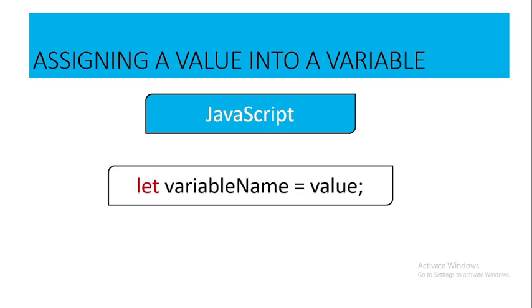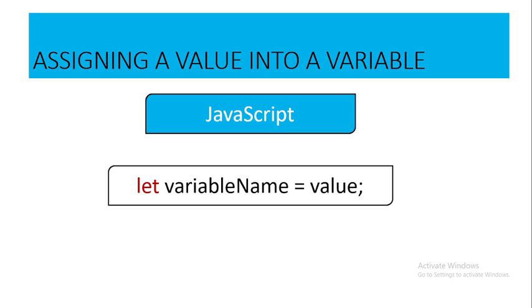So this is the syntax. We have our let keyword. We have seen the let keyword earlier on and its use. So the let keyword will come, then the name you want to give to the variable, and then the equal sign comes, and then the value you want to put into the variable.